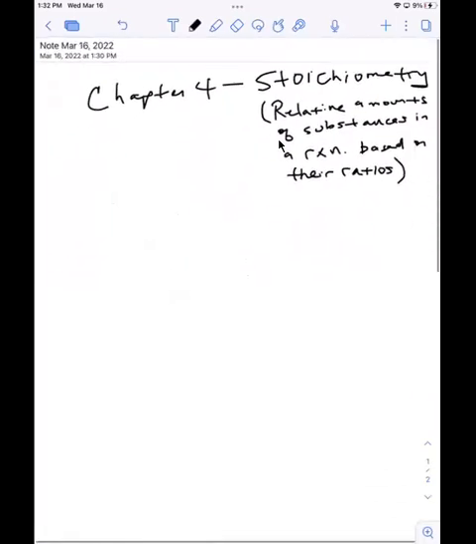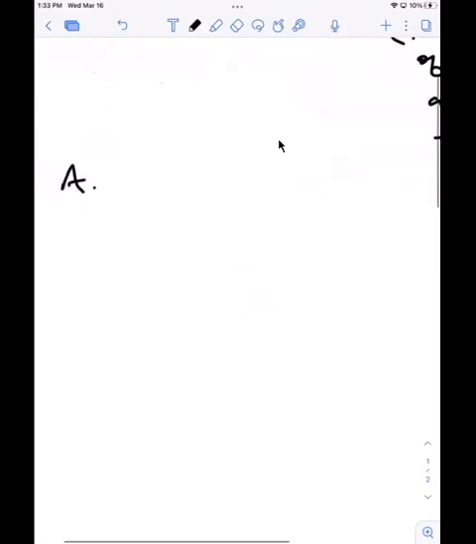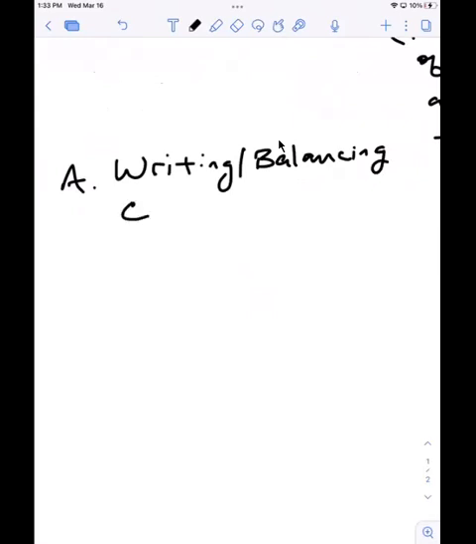This particular chapter is broken down into 5 sections, and we're going to learn about how to write and balance chemical equations. So that's the first section: writing and balancing chemical equations. And that's going to involve a lot of other things, right?